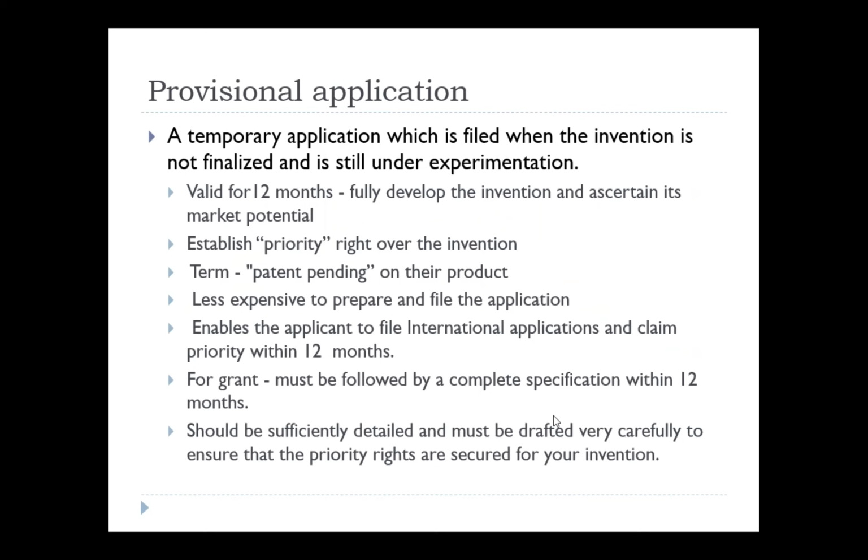Whenever you file an application in a patent office, that date is termed the priority date. First, you need to understand what you are going to do for these 12 months. You can assess the product viability in the market, as well as do testing or experimenting with your invention in a real-time manner, right? But please ensure that you are not disclosing it to the public.